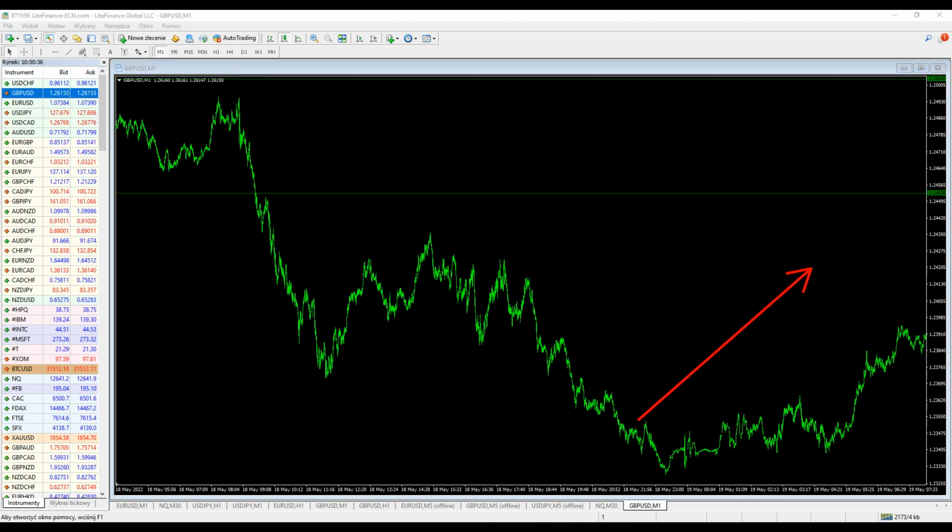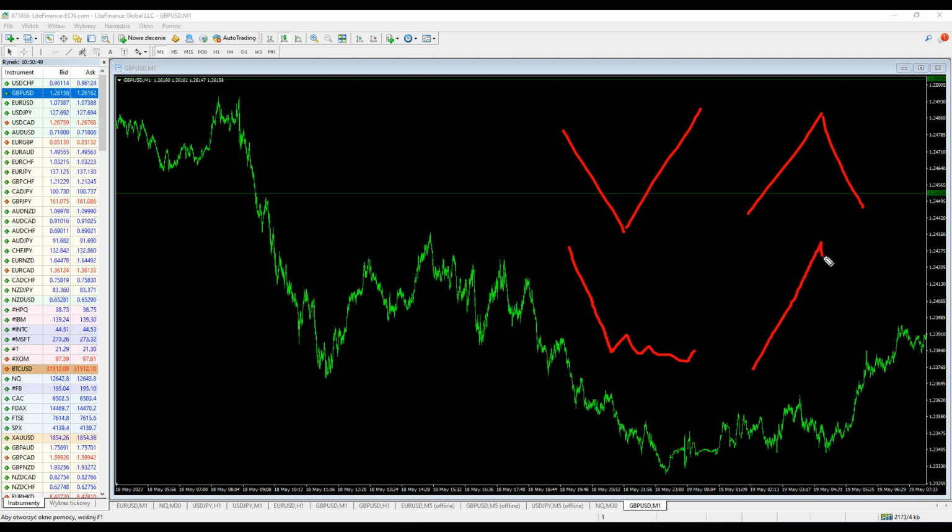So again, to summarize, if we have a V formation, then I'm going to the opposite side. If we have breakdown consolidation or upside move consolidation, I want to see some kind of retest and go with the flow in both cases. So you have to do your own research, do your own homework.